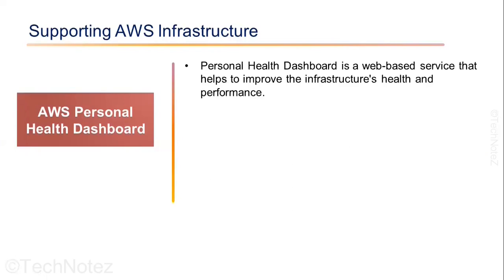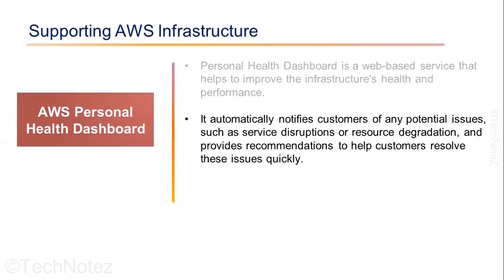Next, let's talk about AWS Personal Health Dashboard. Personal Health Dashboard is a web based service provided by AWS that helps AWS customers to improve their infrastructure health and performance. It provides real time alerts and guidance to help customers optimize their AWS resources, increase availability, and reduce downtime. The Personal Health Dashboard monitors the health of the AWS services and resources used by the customer. It notifies about any potential issues such as service disruption or resource degradation and provides recommendations to customers to resolve these issues quickly.